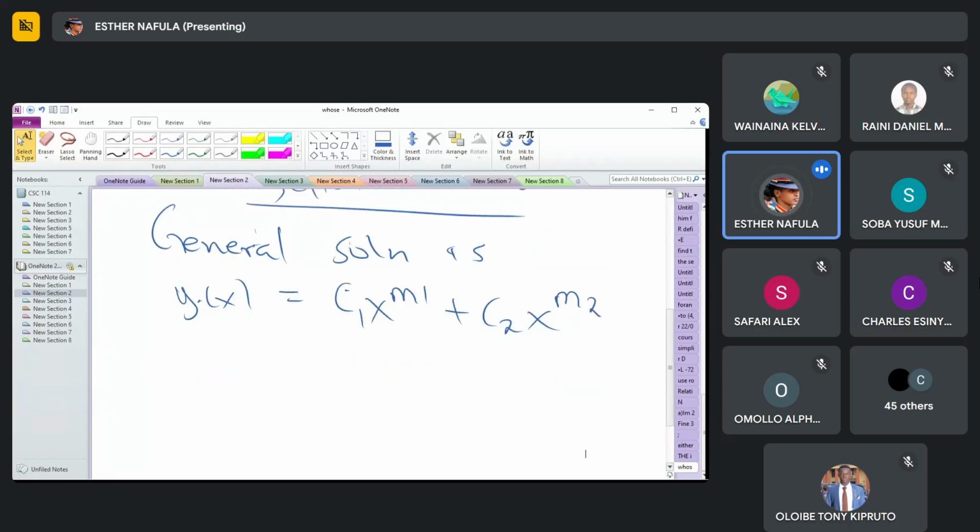If you have complex roots, maybe I can give an example to illustrate this so that it's not as strange.